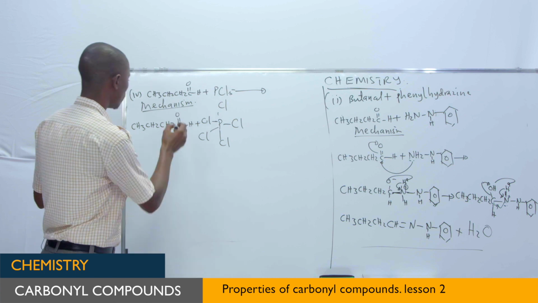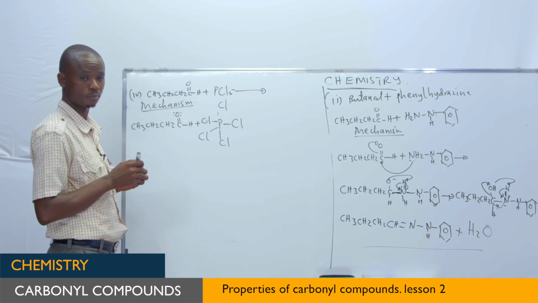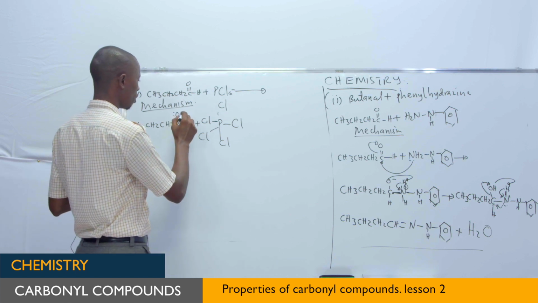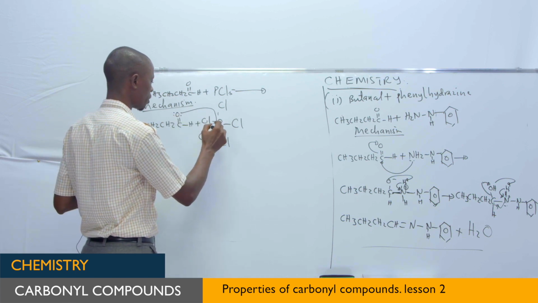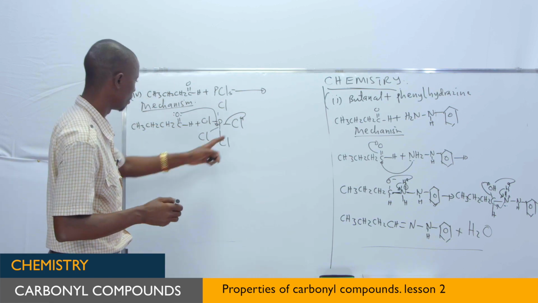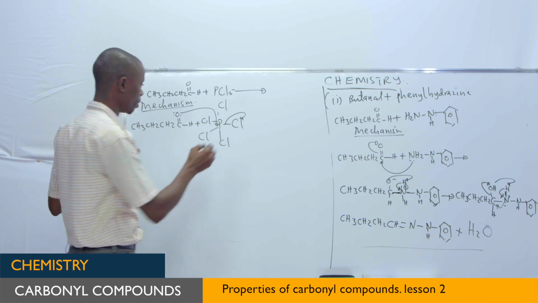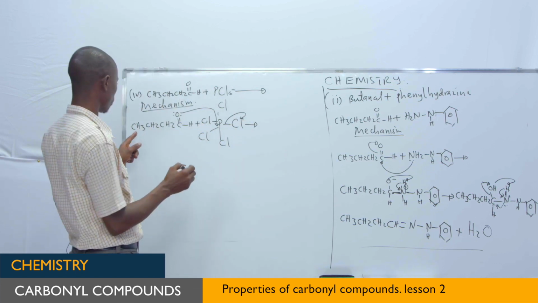Now, from there, this oxygen atom has got the lone pair. So this lone pair can attack this phosphorus atom because the electron will be taken by the chlorine atom, which is more electronegative, to form chloride ion. So we are going to form the following compound.